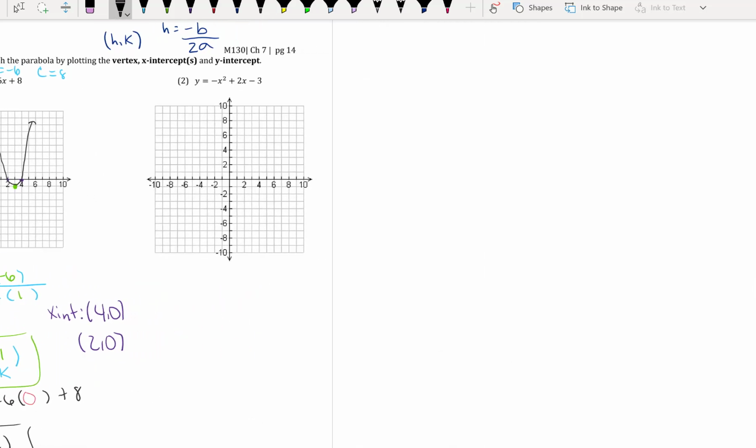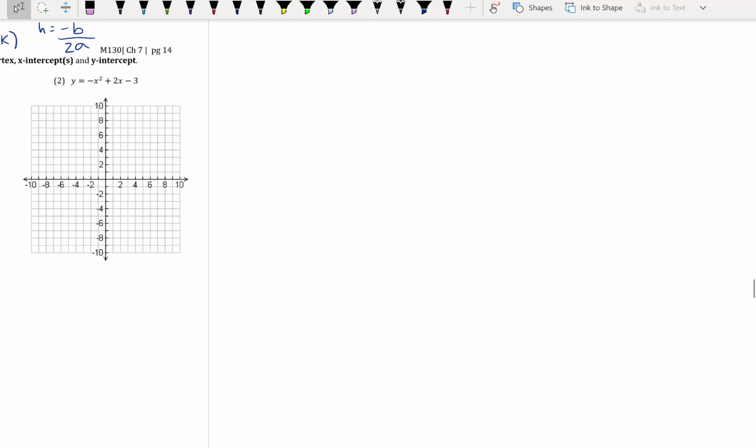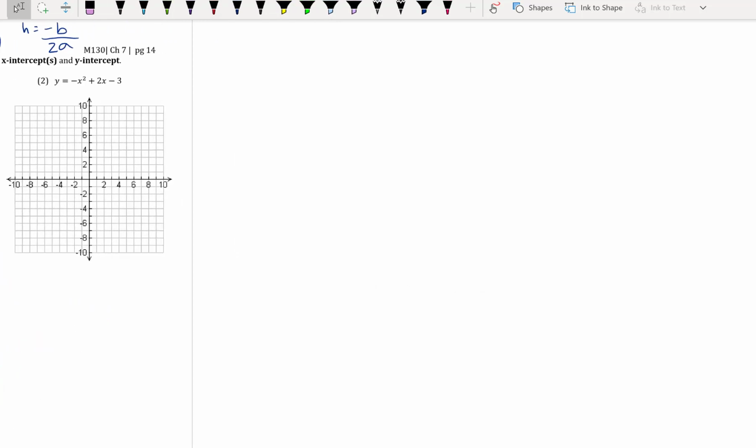Now we're going to do the exact same thing for number 2. And I'm going to have a little bit more room if I work over here. So I'm going to think about that h value as negative b over 2a. So here, the a value is negative 1, the b value is a positive 2, and the c value is a negative 3.